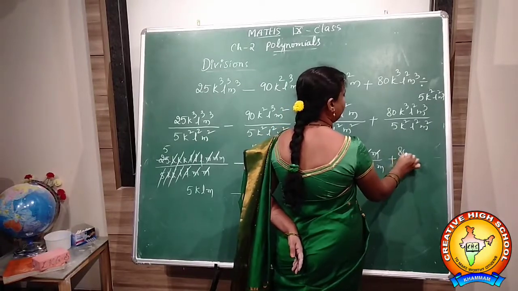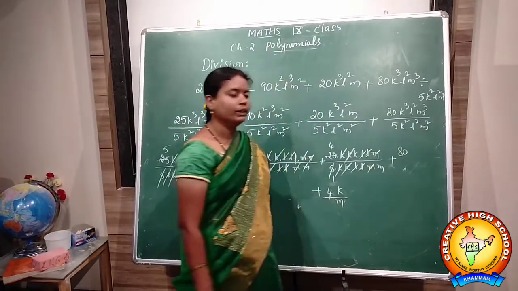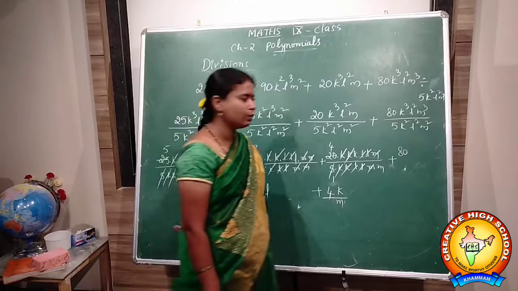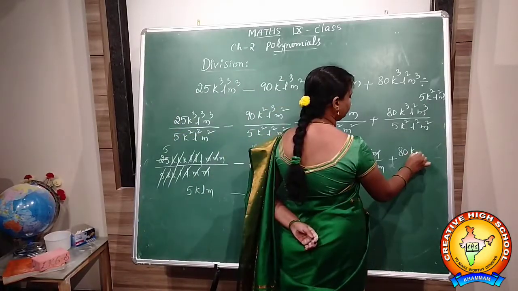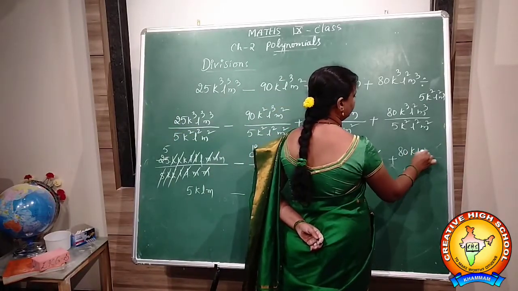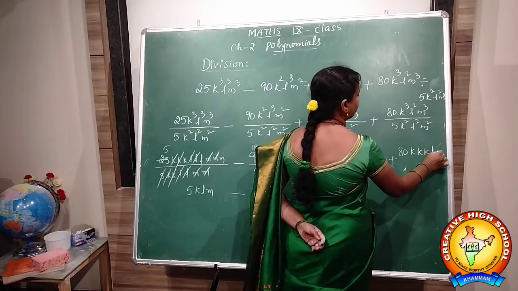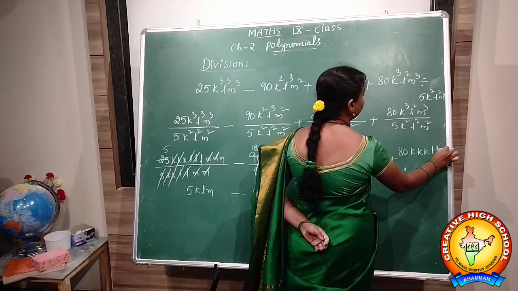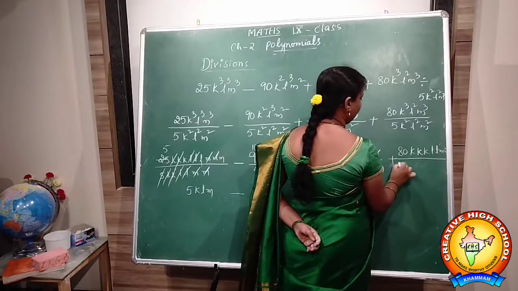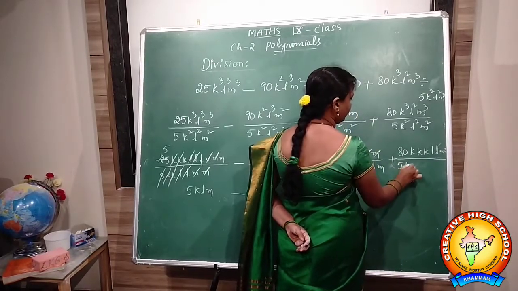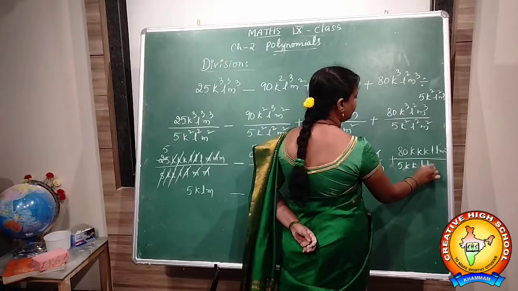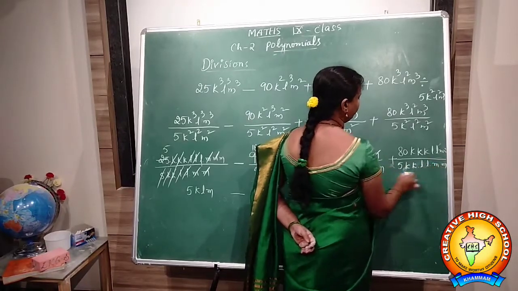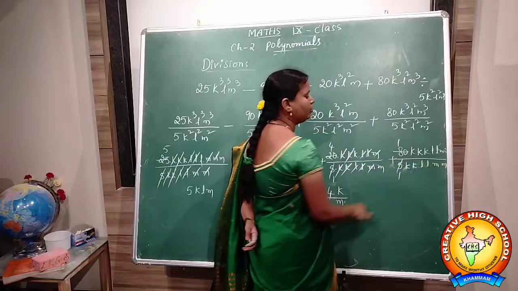Plus 80 into K cube. K cube we can write as K into K into K. L square, L into L, M cube, M into M into M, by 5 into K into K, L into L, M into M. 5 ones are 5.